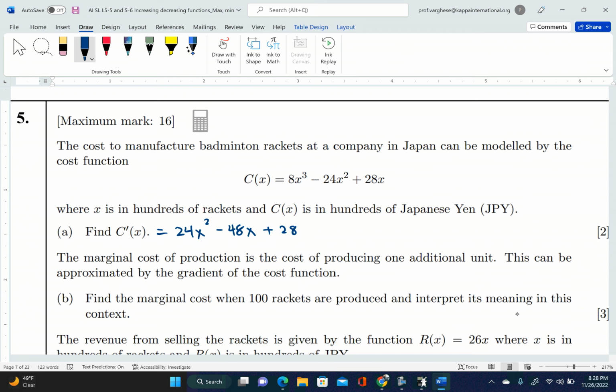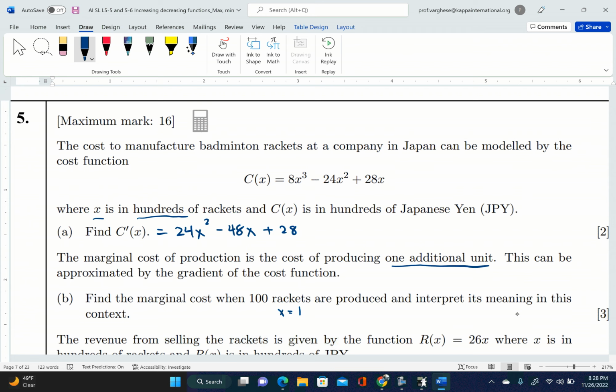For the next one, marginal cost is the cost of producing one additional unit. So find the marginal cost when 100 rackets are produced. To do that, in this context, if you take a look, x is in hundreds of rackets. So we are looking to see where x is equal to 1, because this is 100.